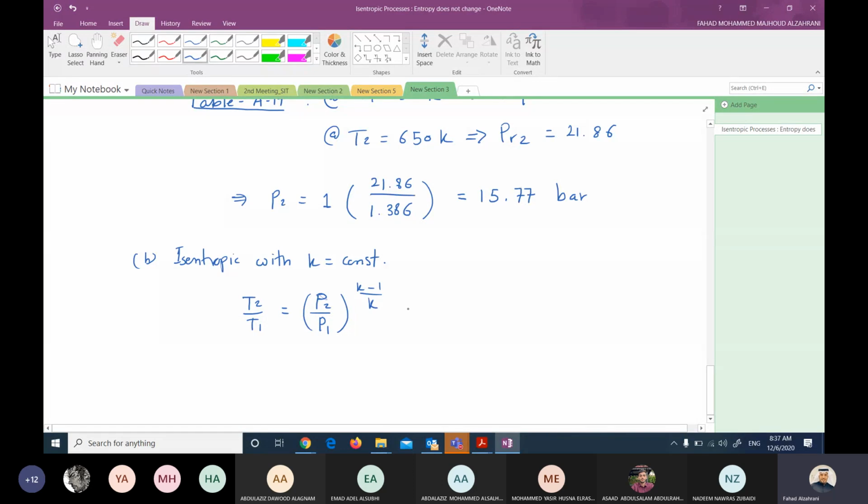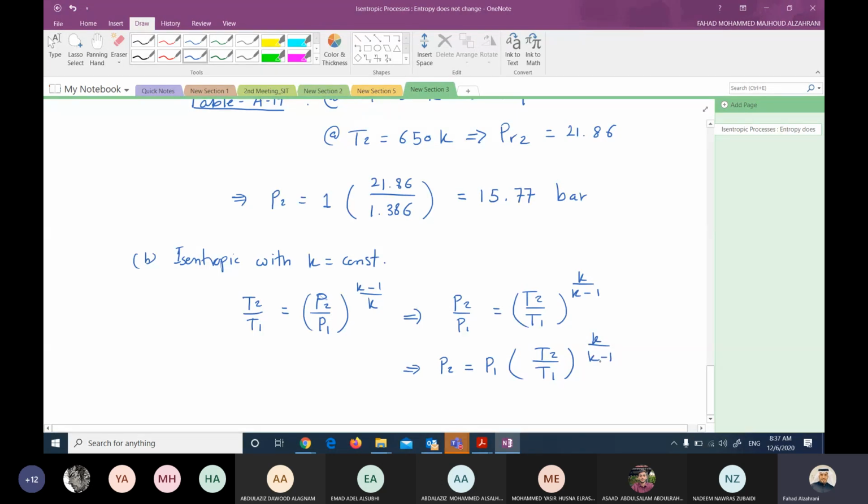P2 over P1 equals T2 over T1 to the power K over K minus 1. So P2 equals P1 times T2 over T1 to the power K over K minus 1.